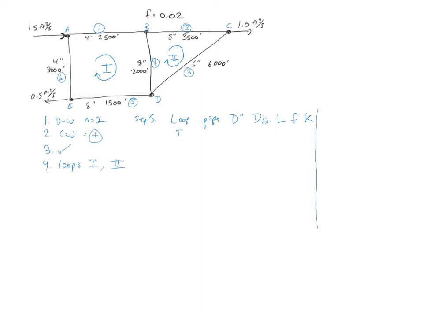So we've got loop 1. In loop 1 we have pipes 1, 4, 5, and 6. And then in loop 2 we have pipes 2, 3, and 4. The diameters in inches, I'm just going to pull these from the diagram. 4, 8, 8, 4.